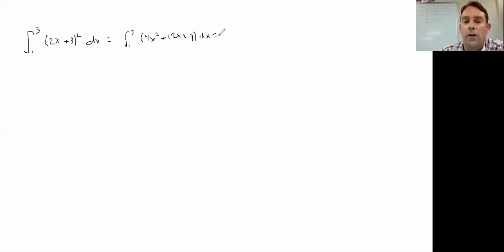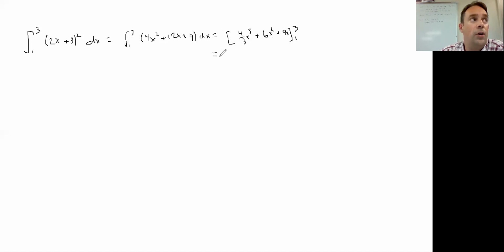So from there, we'd go ahead and we would integrate it. So 4/3 x cubed plus 6x squared minus 9x from 1 to 3.